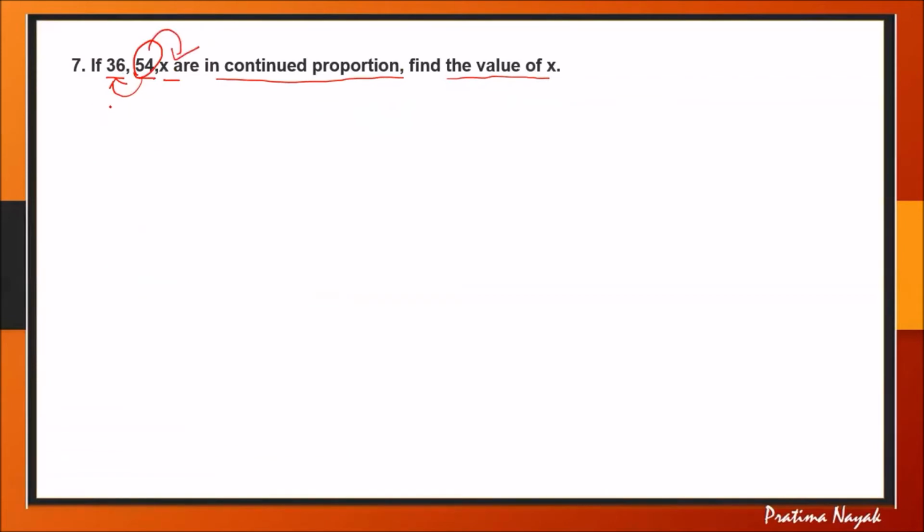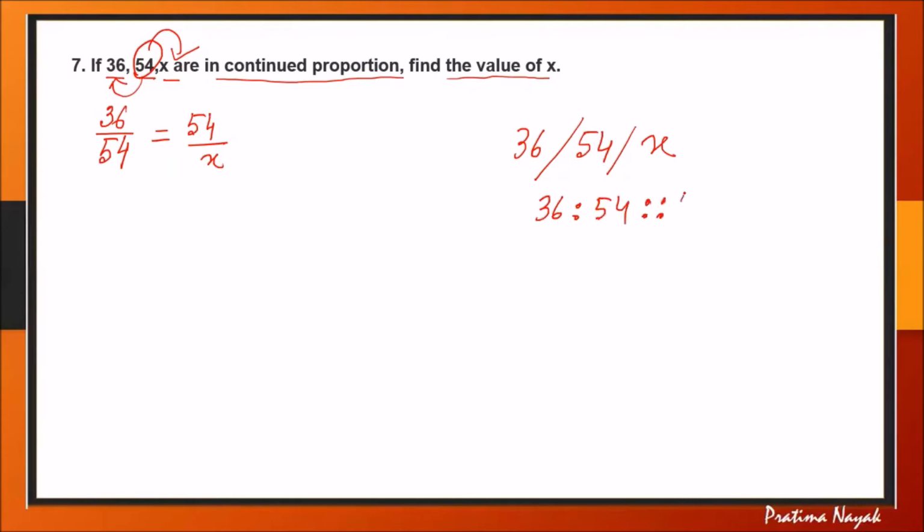So according to the question, 36 ratio 54 is the same as 54 ratio x.